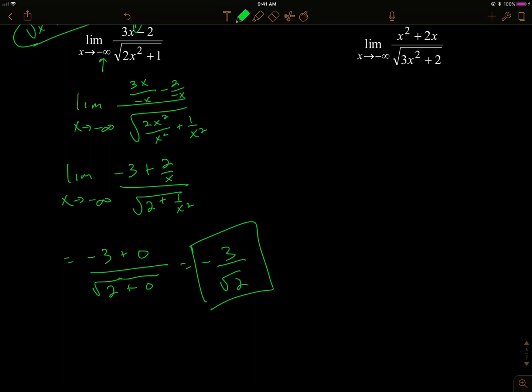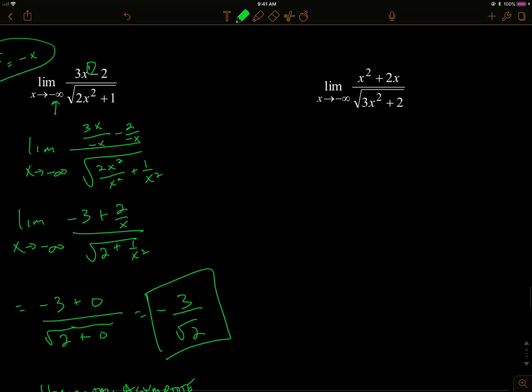So we know also that this graph, since this is the limit, has a horizontal asymptote, without ever seeing this graph, at negative 3 over root 2. And it has another one because it's the square root of a square, so we know that there's going to be a second one.